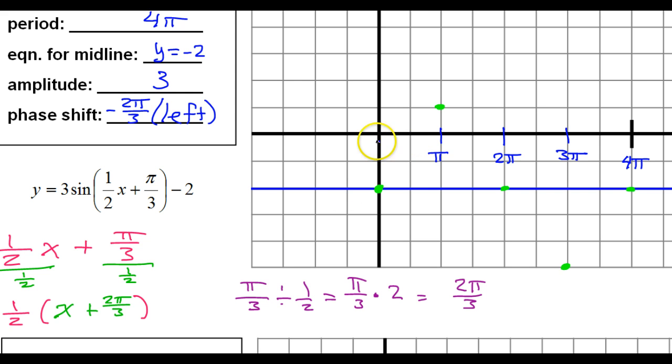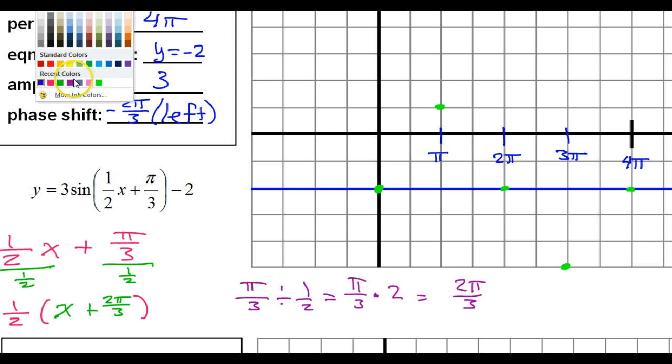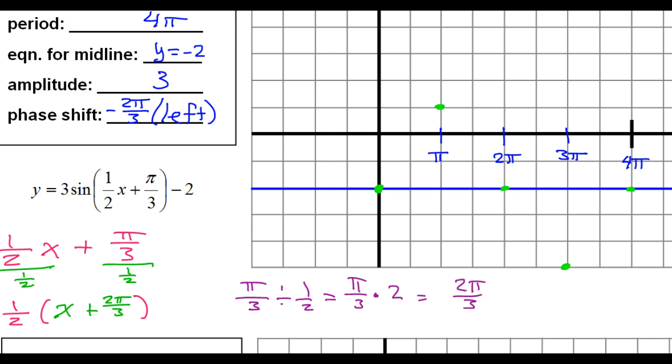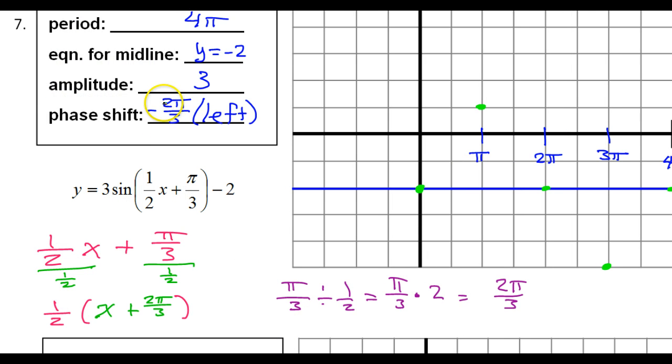Well, to help us figure out how big this is on this graph, it's going to help to do 2 things. For one thing, it will help if we look at this in terms of a decimal. Now, do not turn the pi into a decimal. Keep the pi.